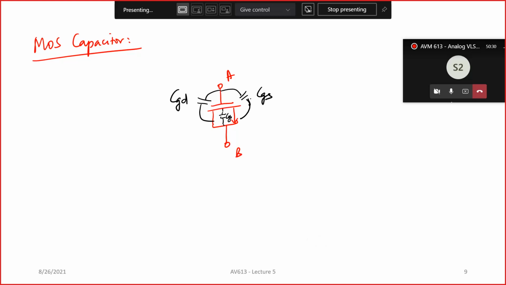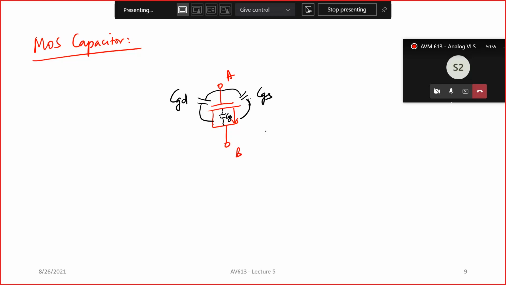Now here the drain and the bulk are all connected together, so CDB and CSB do not come into the picture. So this is how your MOS capacitor is constructed. You take the MOS device, you take the gate as one terminal, you short the drain and the source together and form the other terminal.